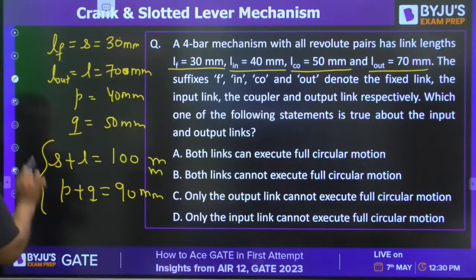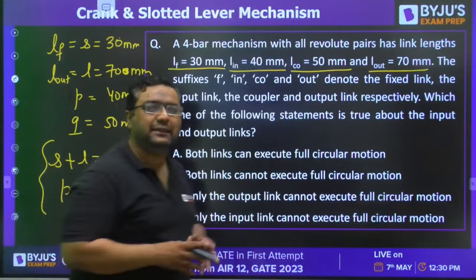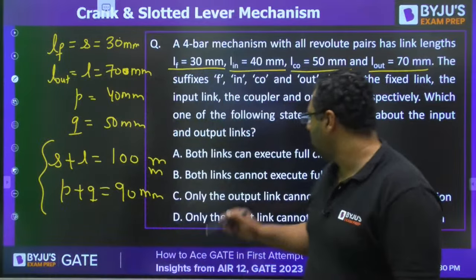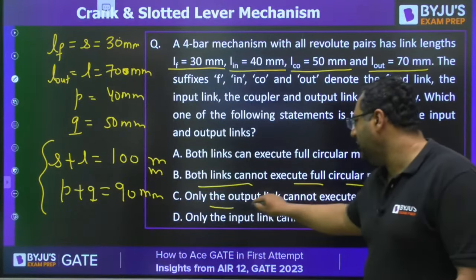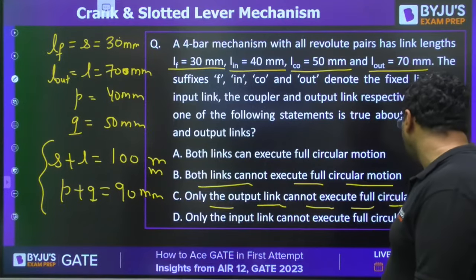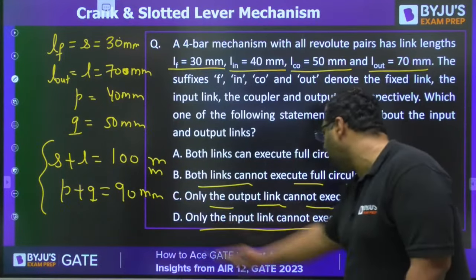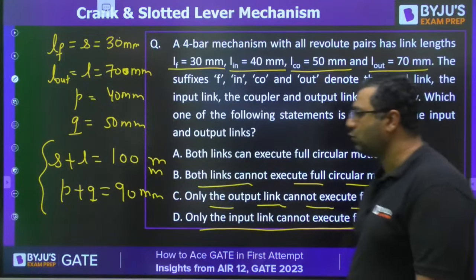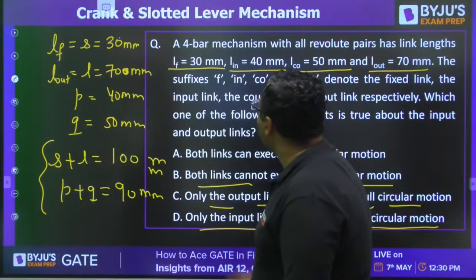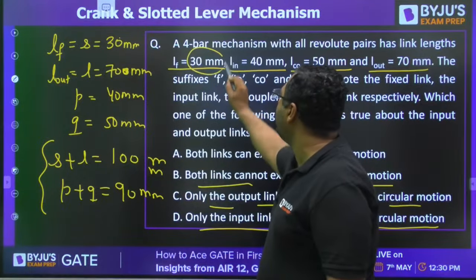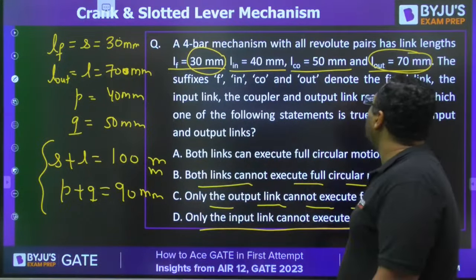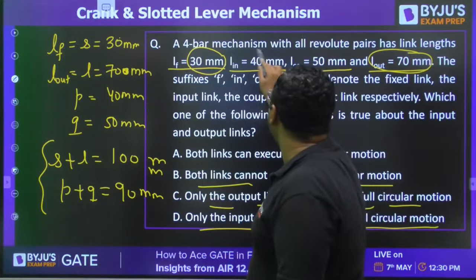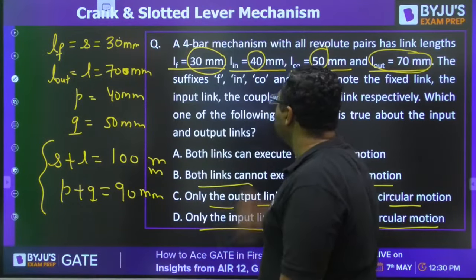So they are asking: both links can execute full circular motion, both links cannot execute full circular motion, only the output link cannot execute full circular motion, or only the input link cannot execute full circular motion. Shortest link is 30 mm, longest link is 70 mm. So 30 plus 70 is 100, 40 plus 50 is 90.